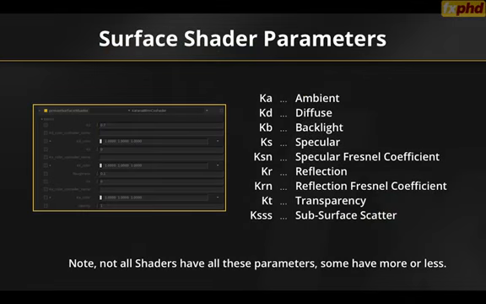So KA is ambient, KD is diffuse, KB is backlight, KS is specular, KSN is specular Fresnel coefficient, KR is the reflection, KRN is the reflection Fresnel coefficient, KT is transparency, and KSSS is subsurface scattering.